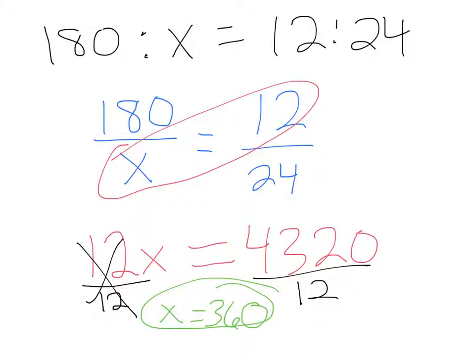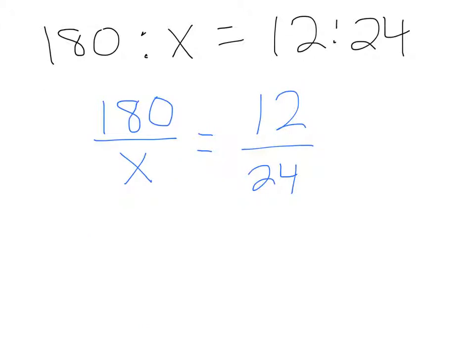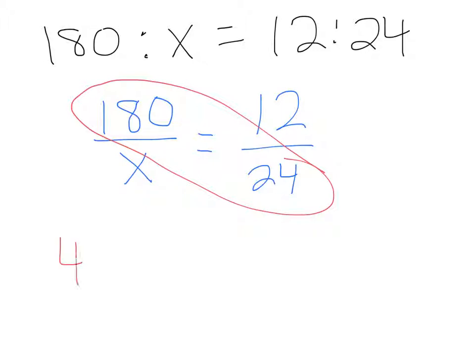Now, let me go back to that for a second, and let me show you there's a shortcut method in order to figure that out. Because every single time you're always going to be dividing by that number that's directly across from the x, as if I had cross-multiplied 12 times x. Shortcut method for that: multiply the other side first. Always multiply the opposite side of that x, so meaning I'm going to multiply where I have two numbers, 180 times 24 is 4,320.